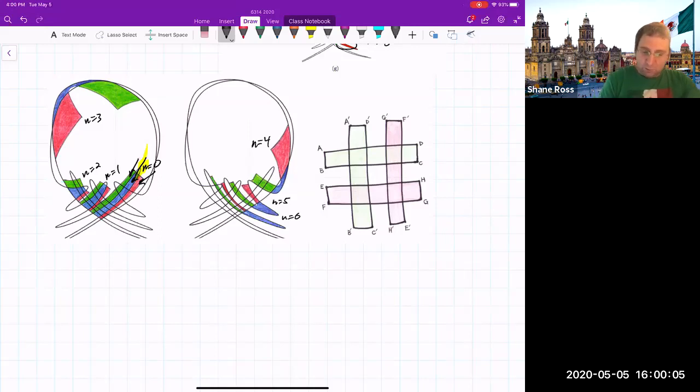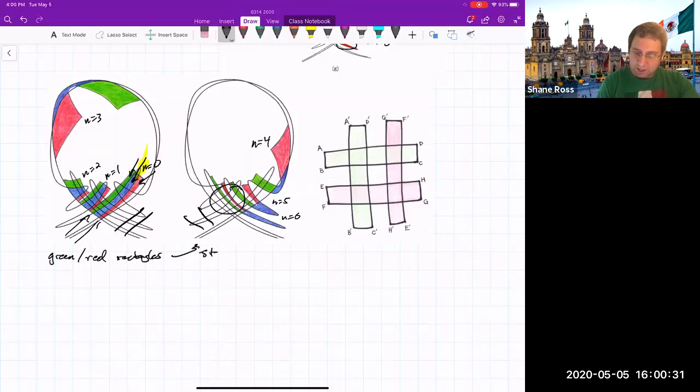What happened? The green and red rectangles have now reoriented. Instead of being along that way, they're now along this way, and the blue thing got kicked out. So the red and green rectangles stay in region R1, and blue gets removed.